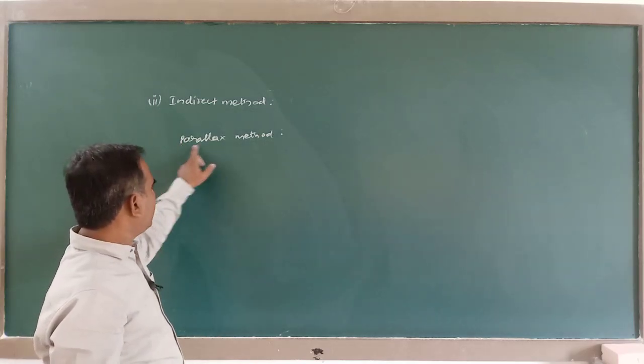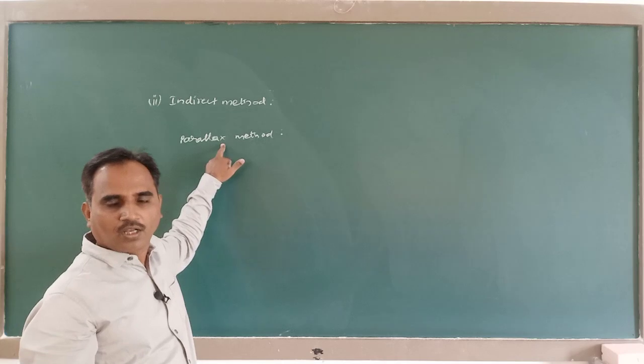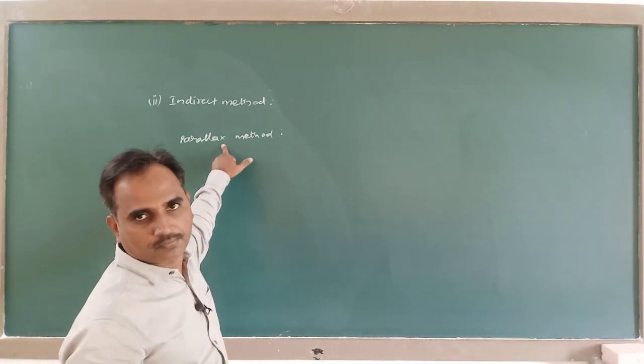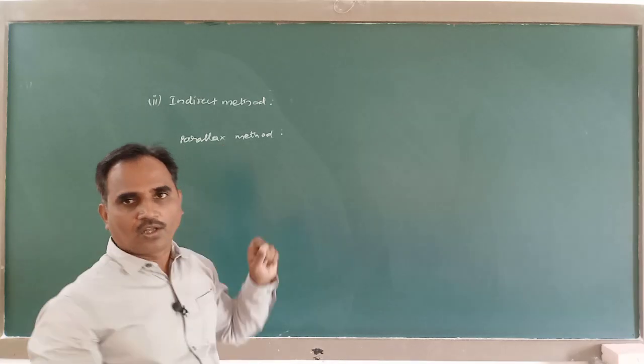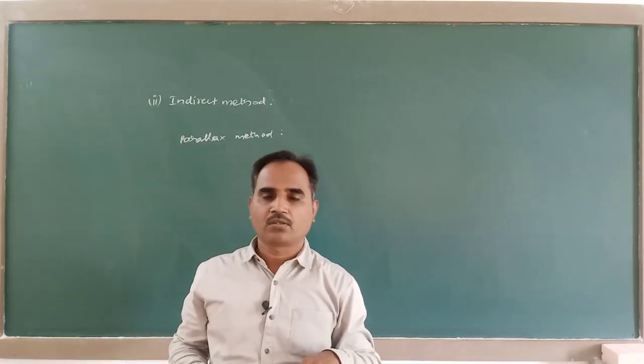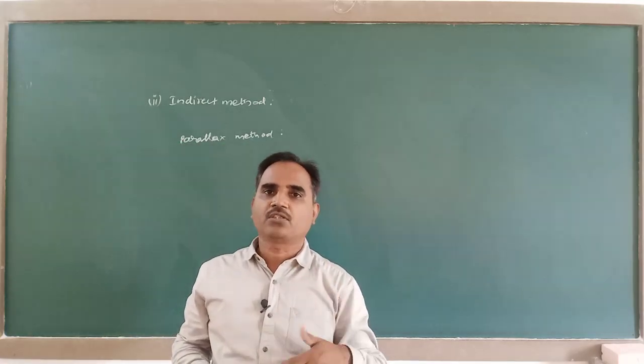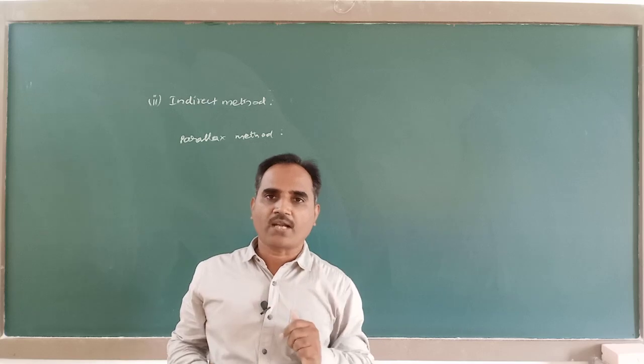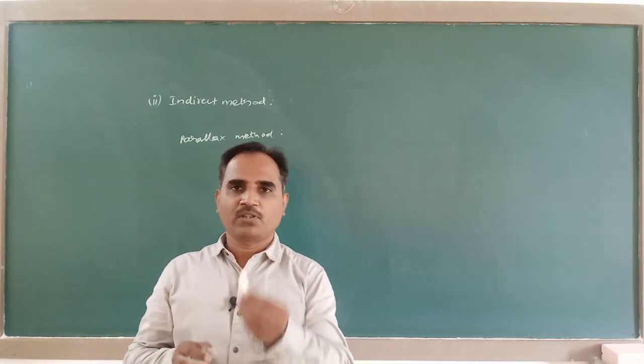This parallax means it is a relative shift in position of object with respect to background. Relative shift or relative change in position of object with respect to background, that is called parallax. For example, this is an object.